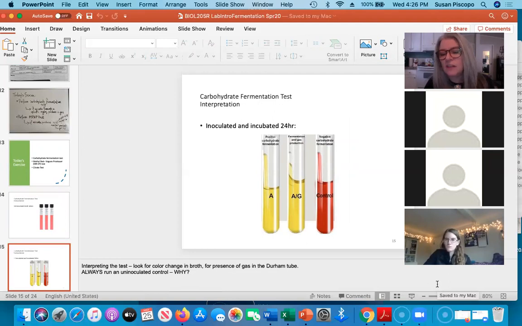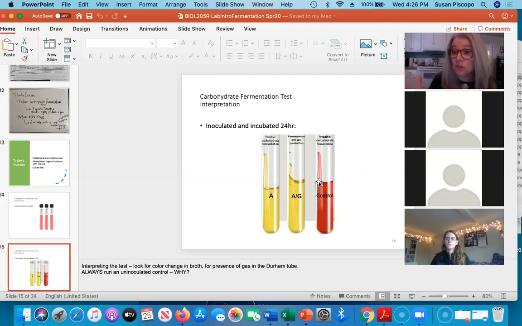So on this slide, you're looking at some fermentation tubes that have been inoculated and then incubated. And now we're looking at the results. One of the things that is included in the test tube is this little tiny piece of glass in here that I think you could just see. Inside the glass test tube, there's a second test tube, and it's really, really small and really thin.